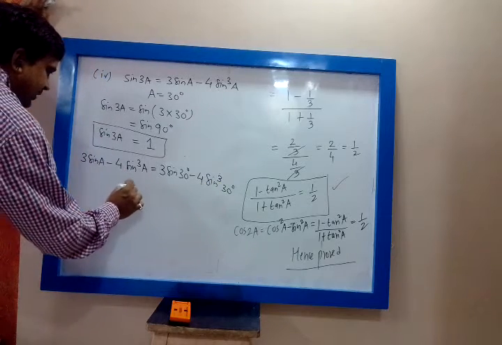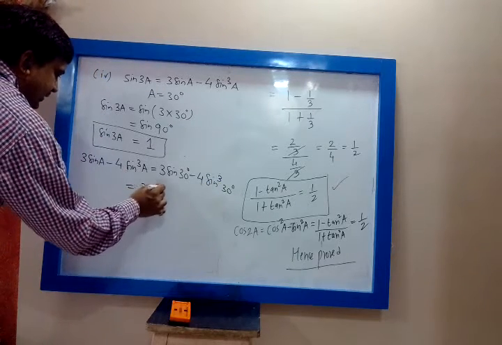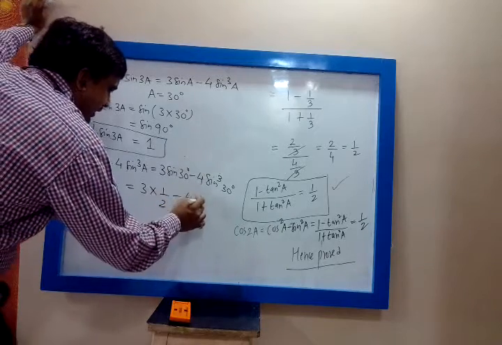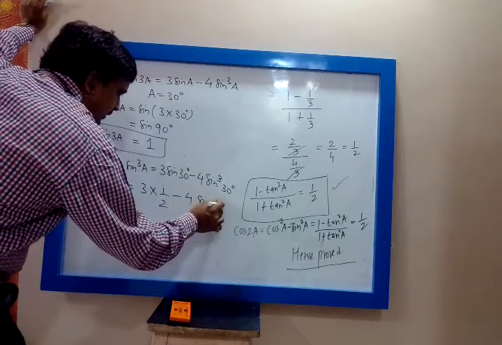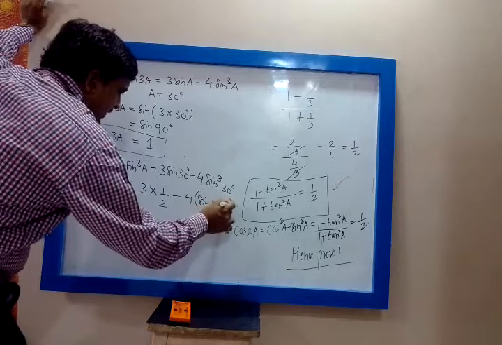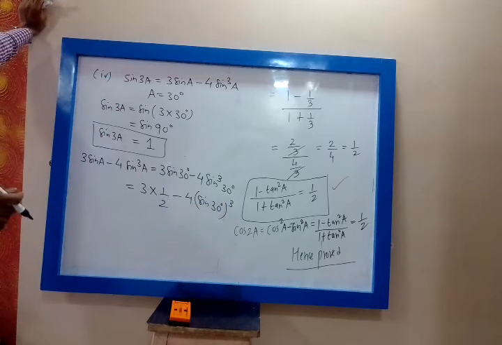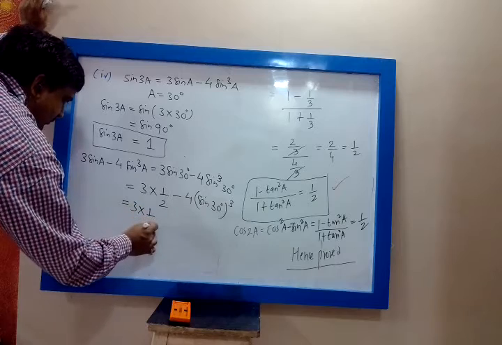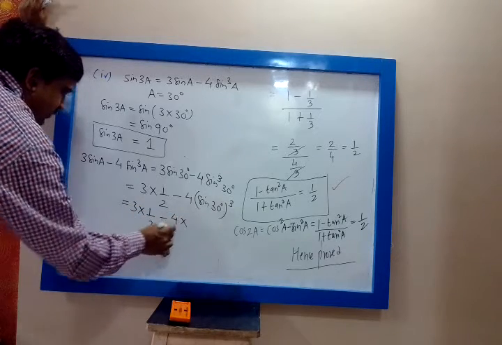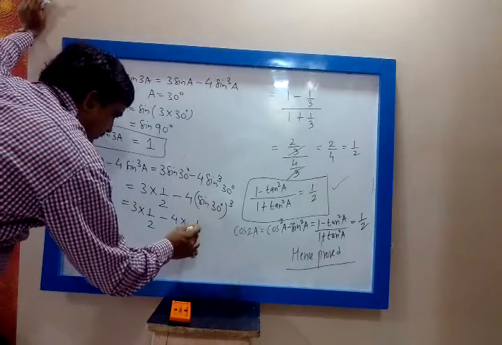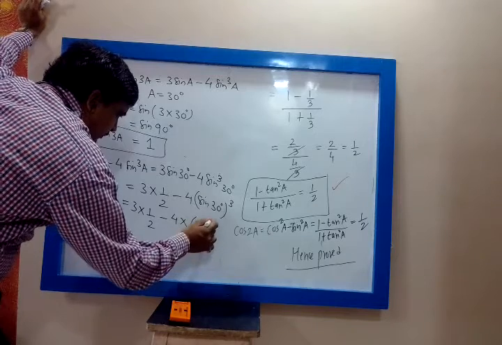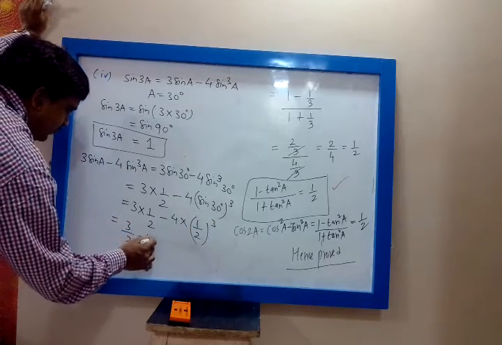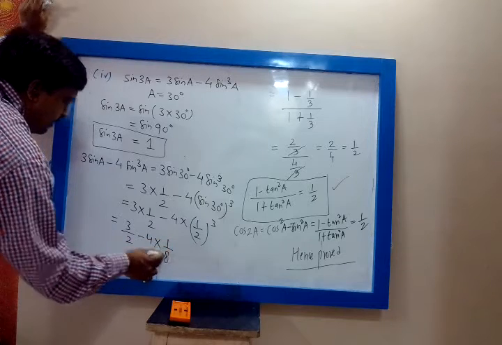So I can write 3 into sin 30 degree, sin 30 degree is 1 by 2, minus 4 into sin 30 degree whole cube. So that is 3 into 1 by 2 minus 4 into 1 by 2 whole cube. That is 3 by 2 minus 4 into 1 by 8.